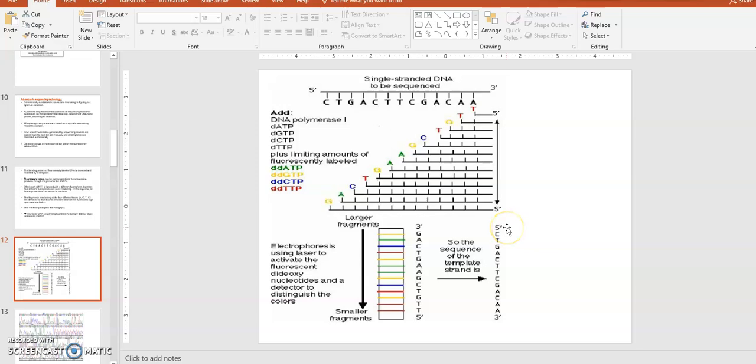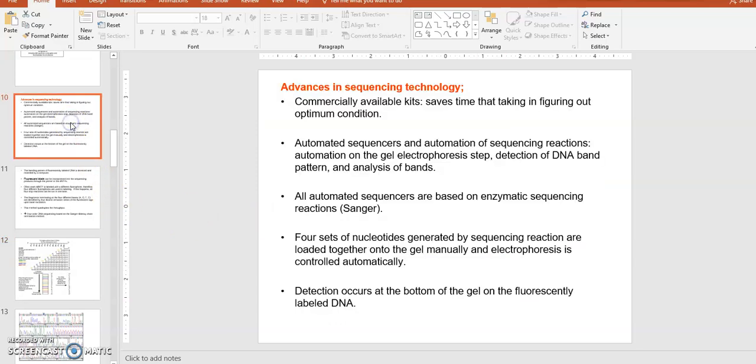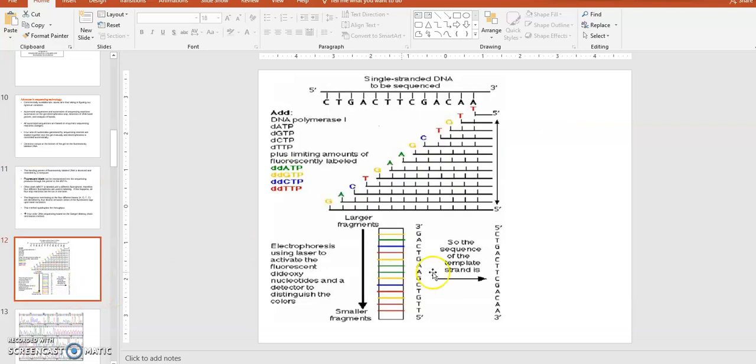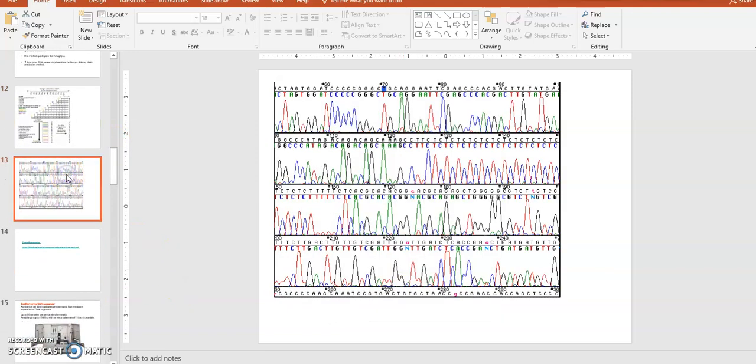Okay, so that's the advancement. We call this the cyclic sequencing method, because you save time since you don't do 4 replication reactions. Instead, you do it in one, and you use fluorescent labels on all 4 dideoxynucleotides, you use very sensitive fluorescent detection technology, and the reading is done by the computer. At the end, you'll get results like this, a fluorogram.